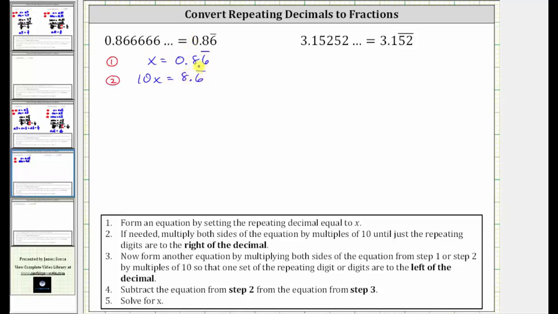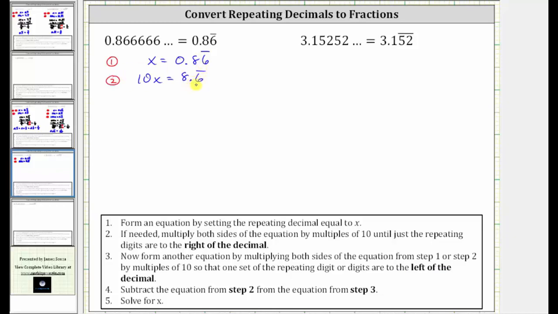Notice now we just have the repeating 6 to the right of the decimal, which is what is needed for step 2. And now for step 3, we form another equation by multiplying both sides of the equation from step 1 or step 2 by multiples of 10, so that one set of the repeating digit or digits are now to the left of the decimal. So because the 6 is repeating, we need a decimal where we have 1 6 to the left of the decimal.